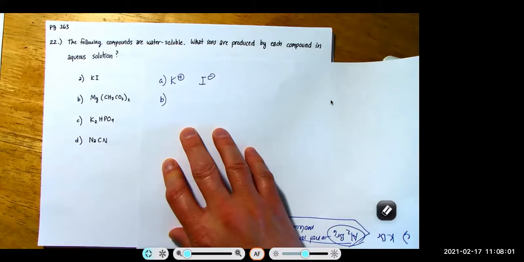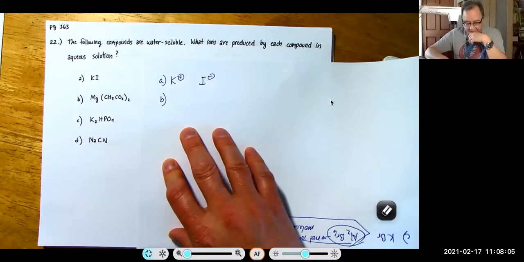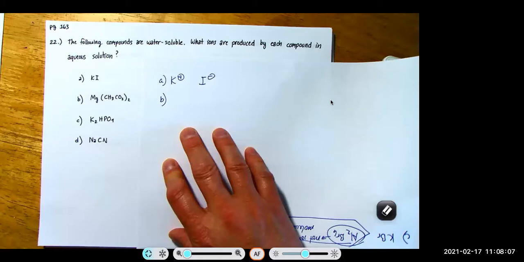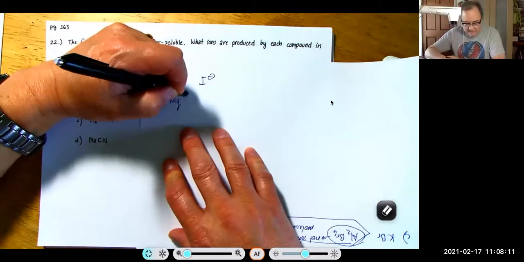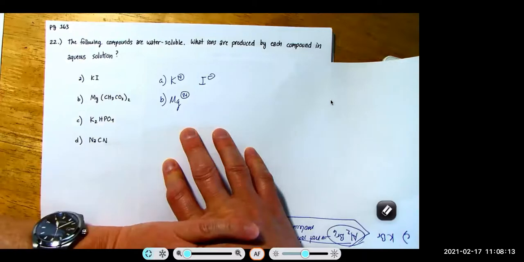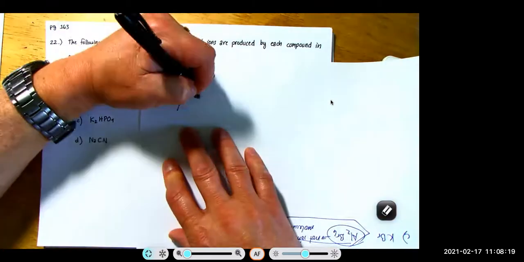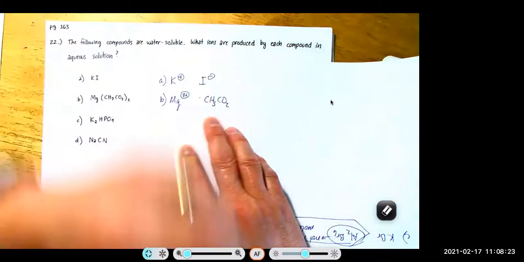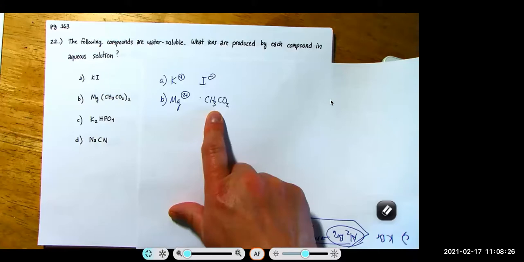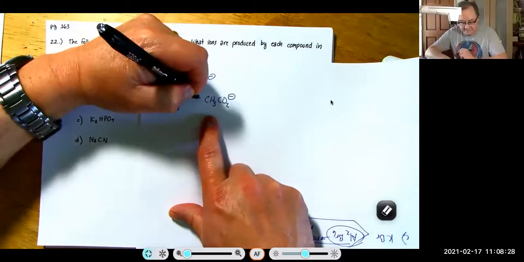Well, it's an acetate, so yes. Absolutely. What are the ions? Magnesium 2 plus, and then acetate minus and a minus. You need to add 2 of them. Okay.